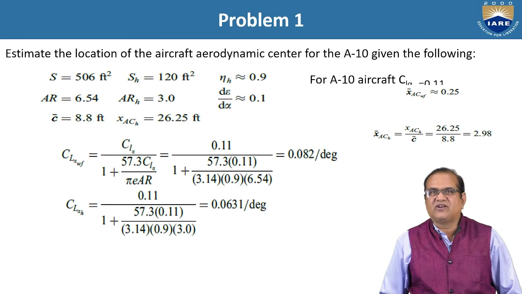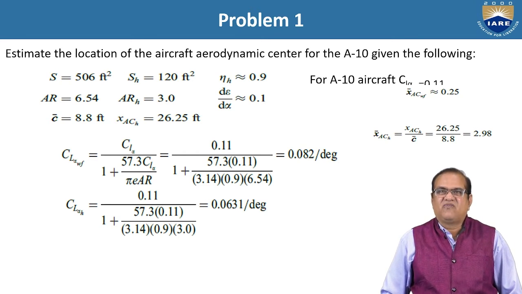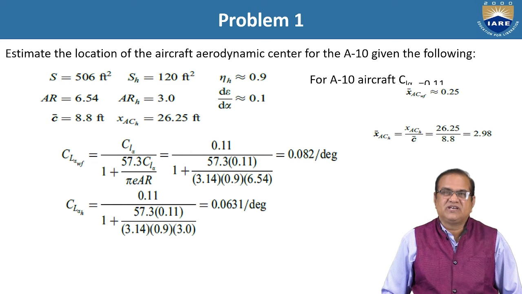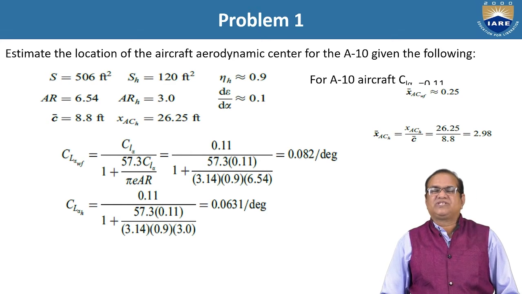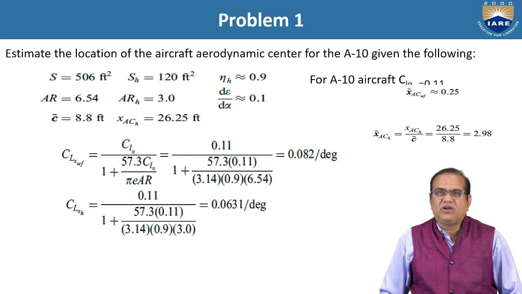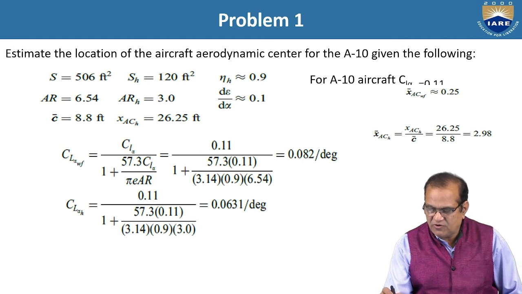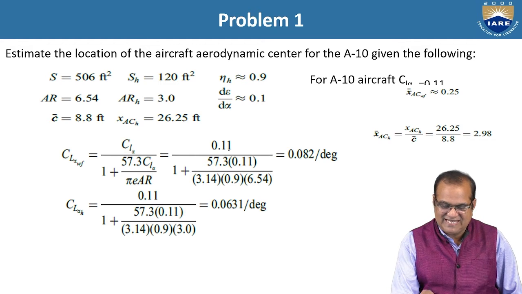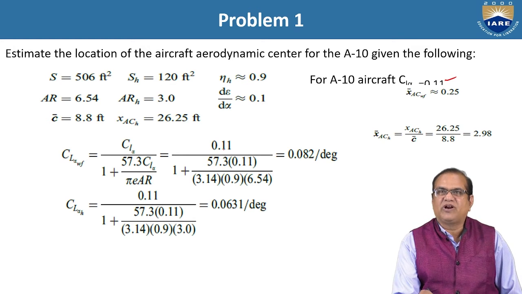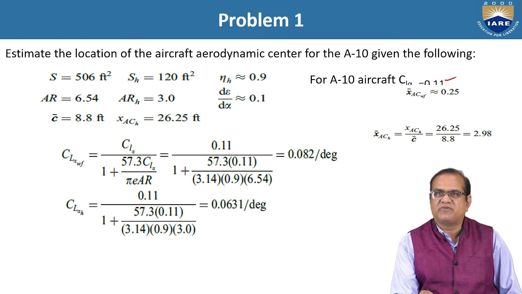So we have to find the CL alpha WF first. CL alpha is equal to CL alpha divided by 1 plus 57.3 CL alpha over pi E AR. Here CL alpha is given as 0.11, 1 plus 57.3 into 0.11.